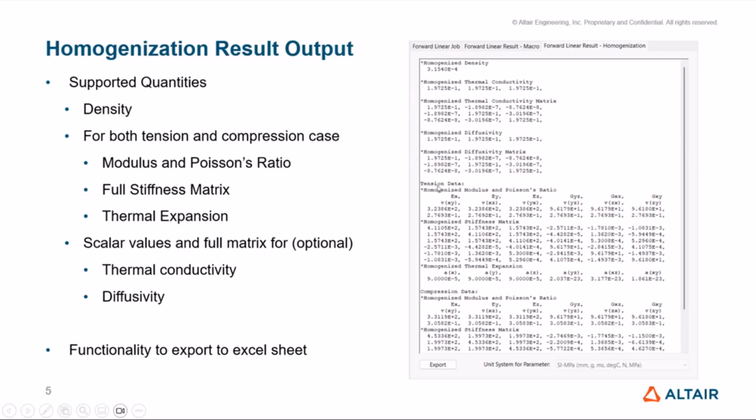Same for the diffusivity. We have CTEs, the 3D orthotropic engineering constants, and the full anisotropic stiffness matrix. All that can be easily exported into CSV for further usage.